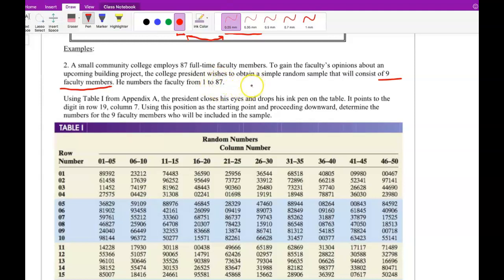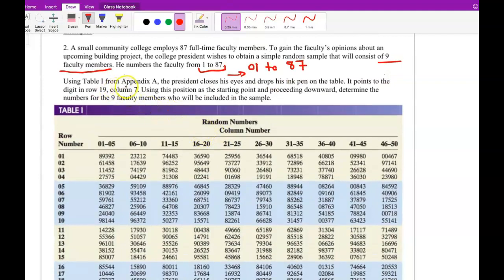It's better to write it as 01 to 87, because we're going to use this table and I don't want you to be confused about why I'm choosing 2 digits instead of 1. You may say, from 1 up to 9 we have only 1 digit, so why are you choosing 2 digits? This is because this number is actually 01.